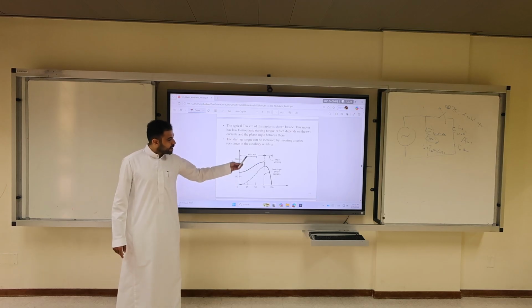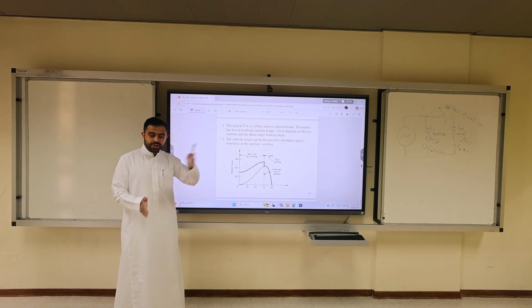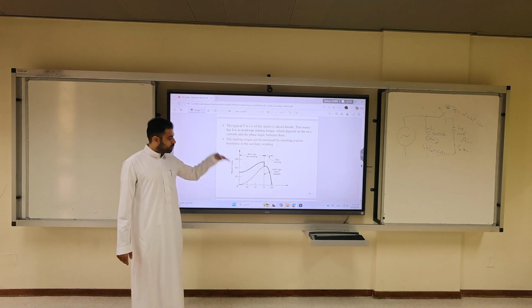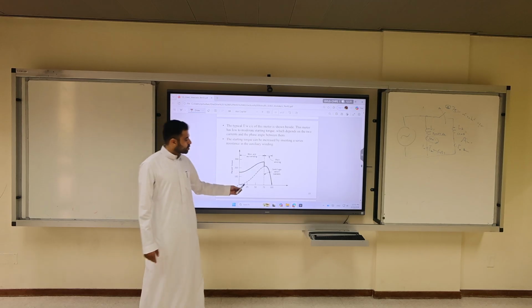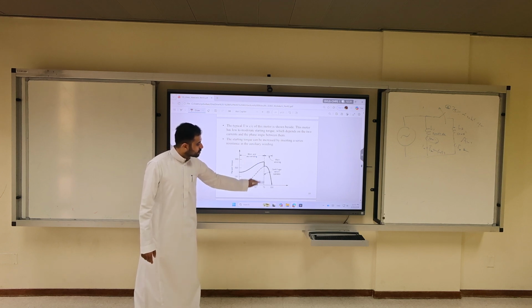If you don't have main and auxiliary winding, what is the starting torque if you have only one winding? Zero. If you don't have this 90 degrees, fine R over L, higher capacity solution, etc., you can have a higher starting torque up until you reach 75%.